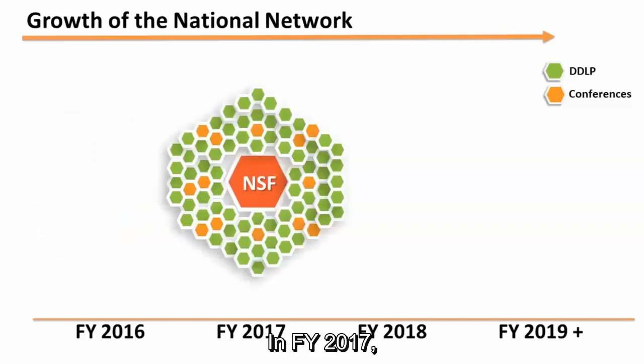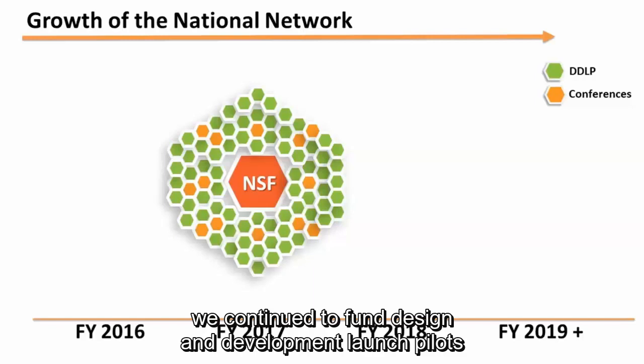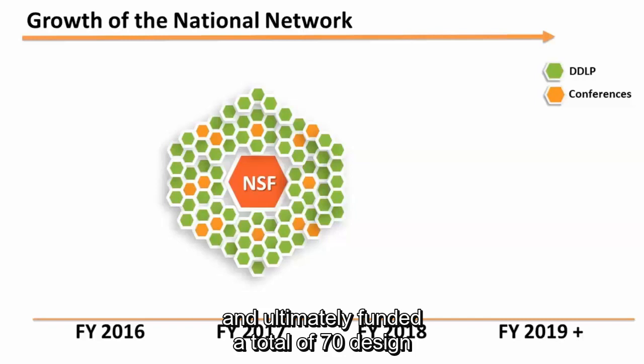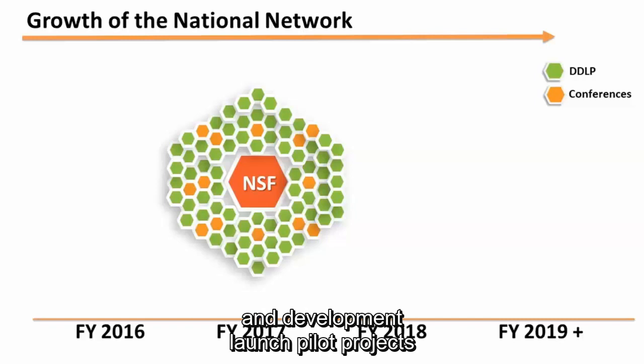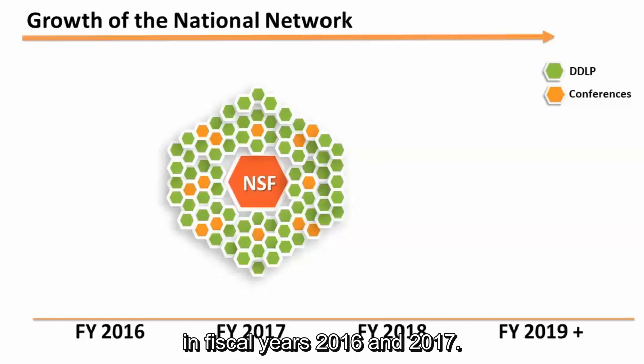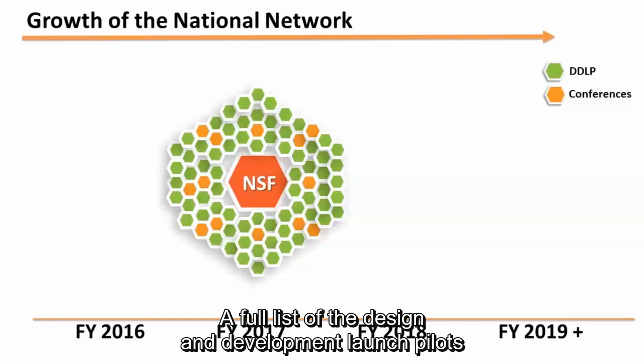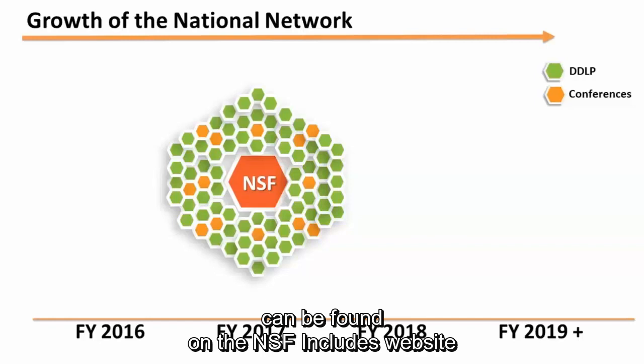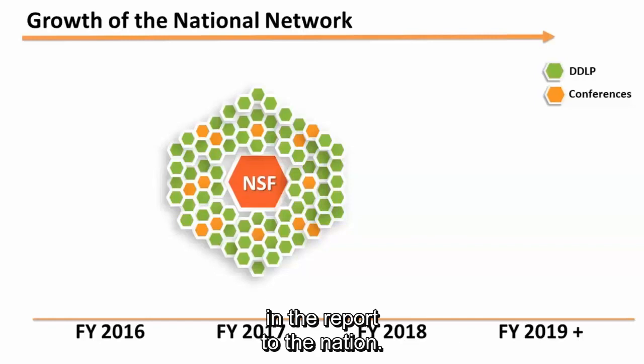In FY 2017, we continued to fund design and development launch pilots and ultimately funded a total of 70 design and development launch pilot projects in fiscal years 2016 and 2017. A full list of the design and development launch pilots can be found on the NSF Includes website in the report to the nation.